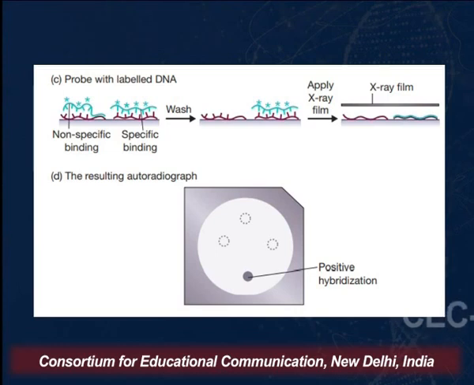This probe will be added and will be labeled. Because this probe is going to hybridize, and hybridization requires complementarity, this probe will be synthesized from the gene of interest that we want to identify.